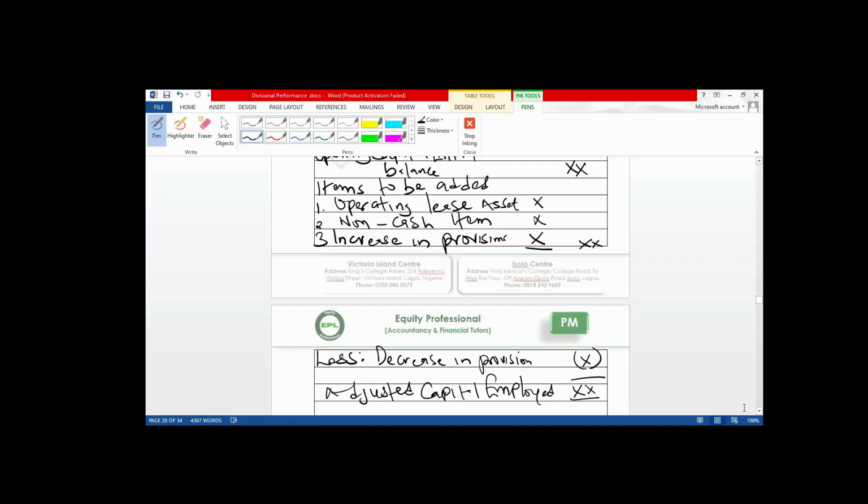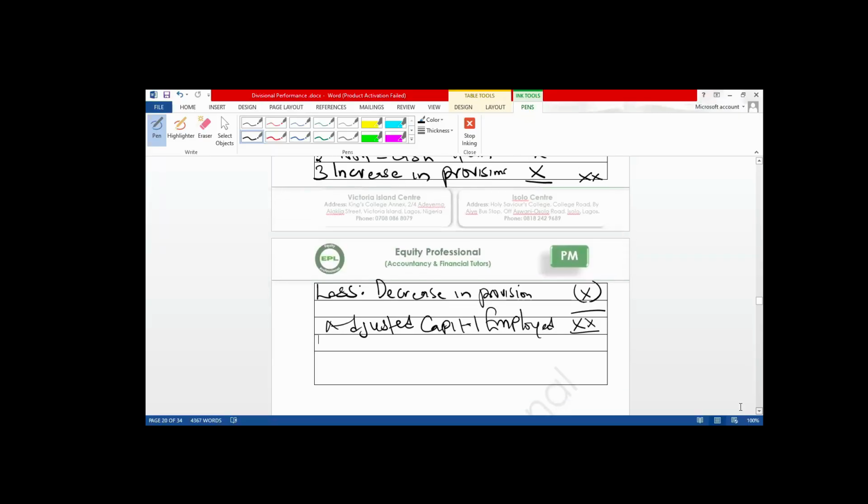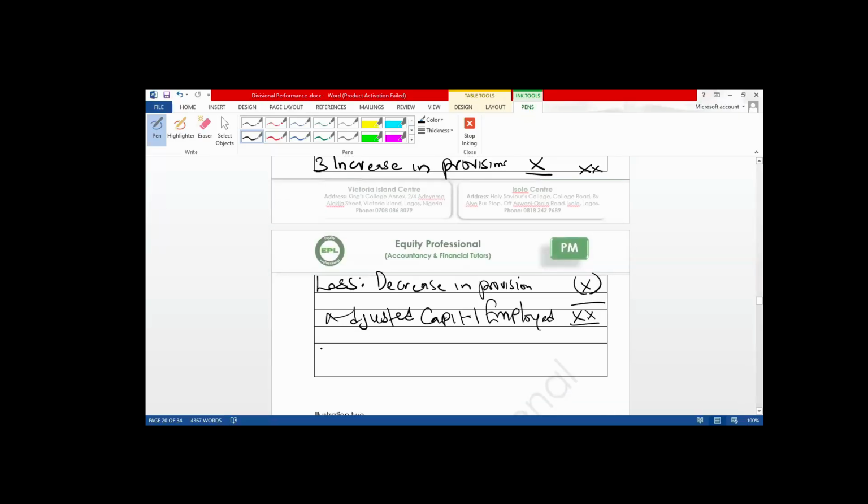Your cost of capital. Your cost of capital is WACC. Examiner may give you, or you can calculate yourself. Working 3. Cost of capital equals weighted average cost of capital.